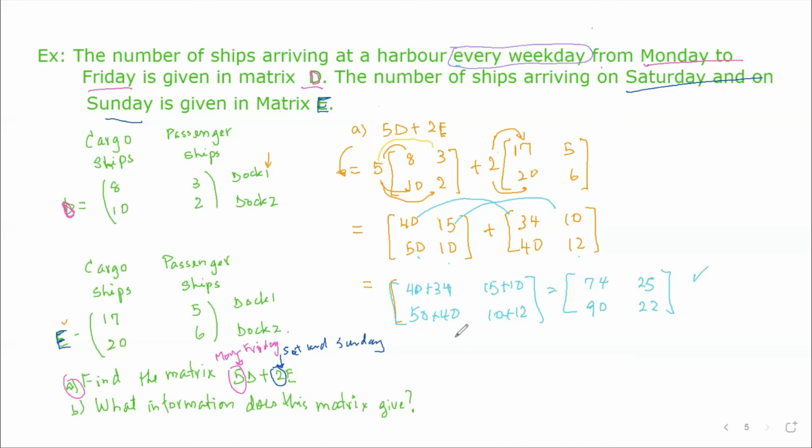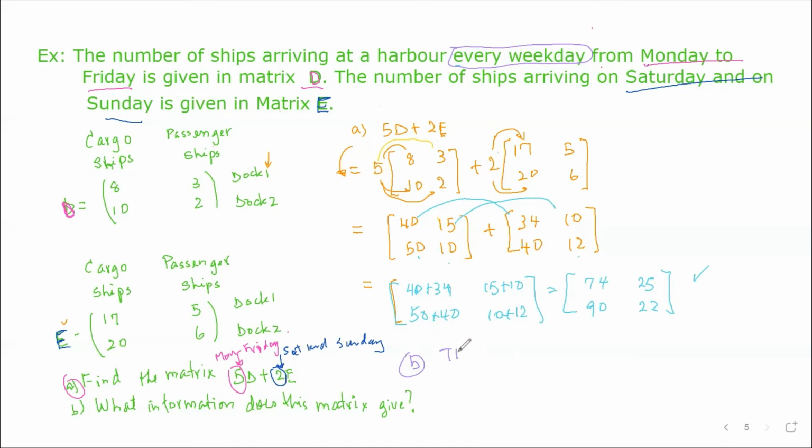You can write down for question B, you can write in your own words, doesn't matter. It is the number of cargo ships and passenger ships arriving at port 1 and 2 in a week. So in a week, we always have this shipment, cargo and passenger.